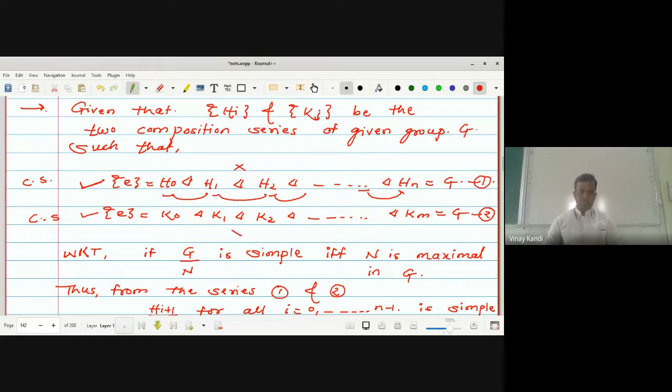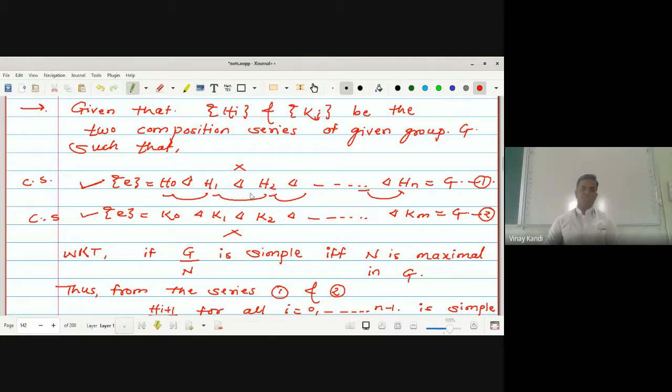Similarly for Kj, there does not exist any proper normal subgroup in between K1 and K2. Why? Because K1 is maximal normal subgroup of K2, K2 is maximal normal subgroup of K3. That means introduction of any other normal subgroup is not possible in both the series.